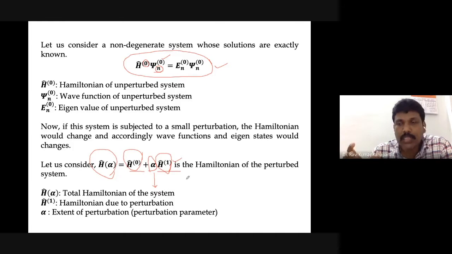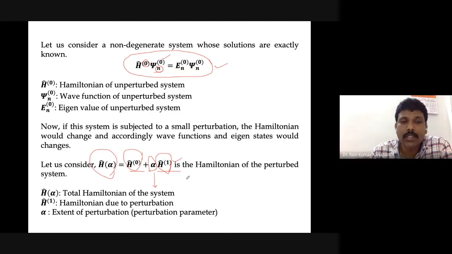If you want to measure the extent of perturbation that the system has undergone, then you need to have a parameter. That parameter is alpha. Now you can see that alpha is the perturbation parameter. If alpha changes, the extent of perturbation changes, and accordingly the Hamiltonian also changes. The Hamiltonian of the perturbed system, that is H of alpha.